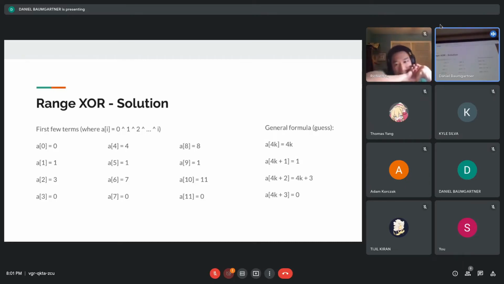You could just submit it directly and see if it's right that way. If you want to be a little more safe about it, there is a reasoning you can put together because of the structure of XOR. This one would definitely be better on the whiteboard. I mean, blackboard.